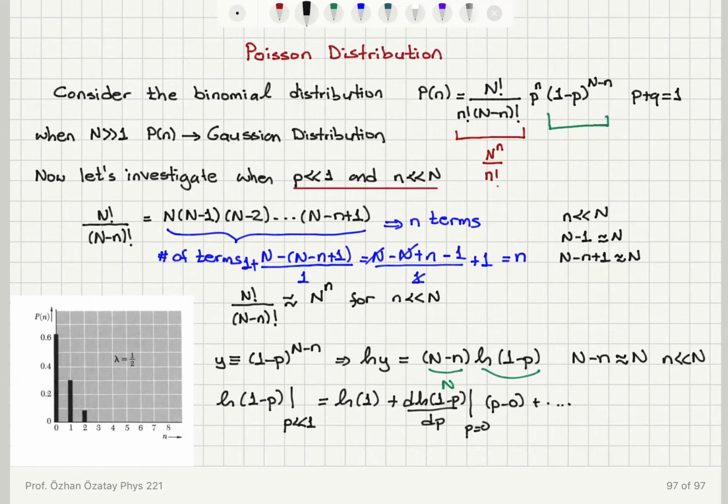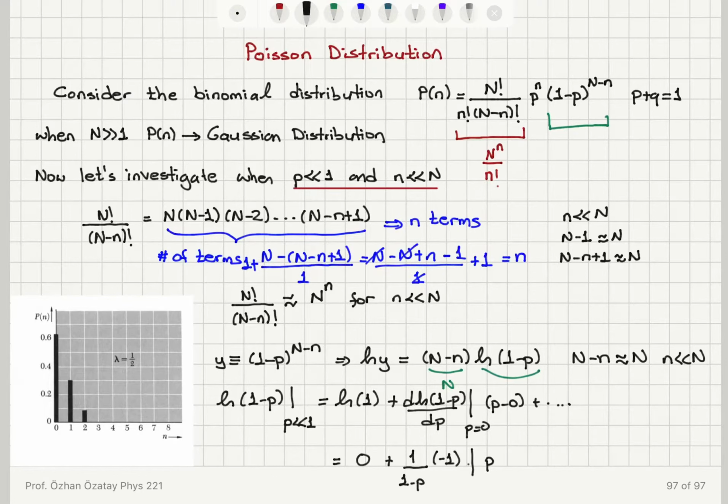So natural logarithm of 1 is 0, so this is 0 plus 1 over 1 minus p. The derivative of 1 minus p is minus 1, multiplied by p.